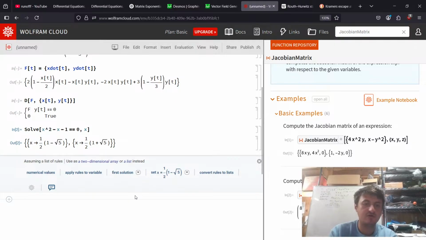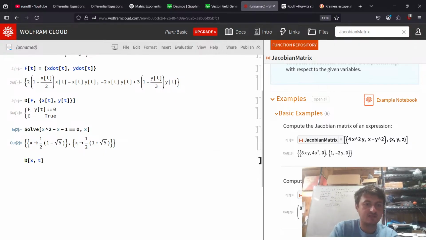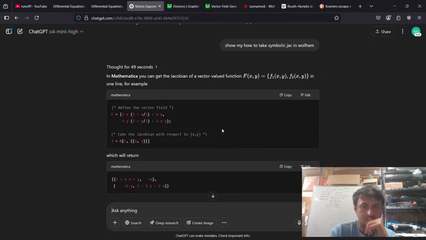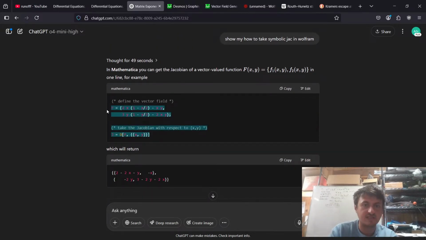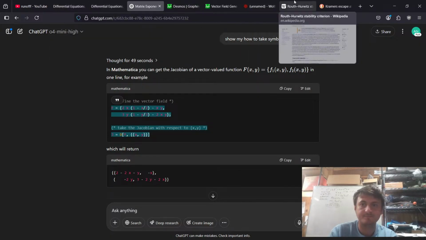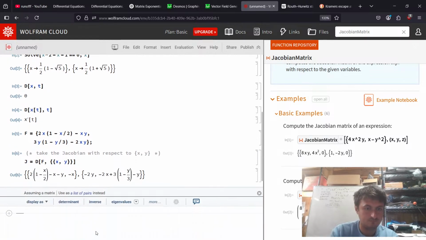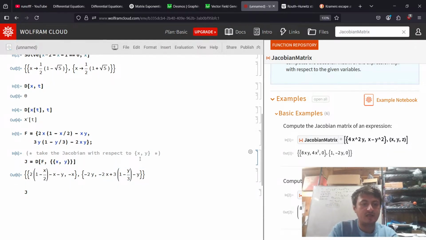Because for D, you have to do like dx of t, yeah. I feel like that's what I did. Okay, so now what we want to do is the Jacobian at x2.